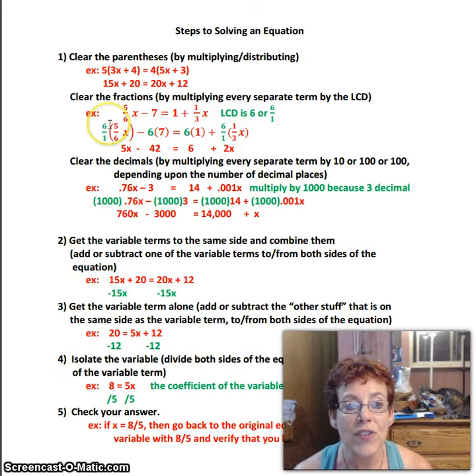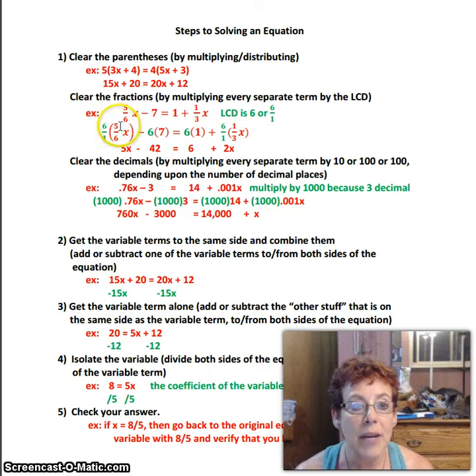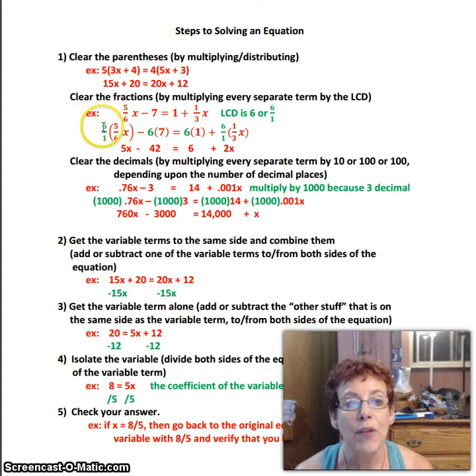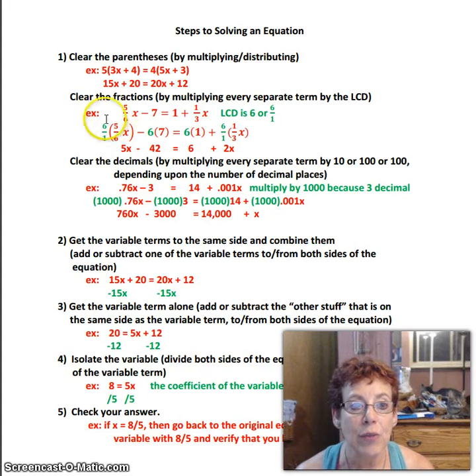In this case, we don't need to multiply 6 times 5 and get 30, 1 times 6 and get 6, and then have 30 over 6. The whole point of this is to get rid of the fractions. So look, we have a 6 in the numerator and a 6 in the denominator. They cancel each other out. We wind up with 5 over 1, or just 5x.